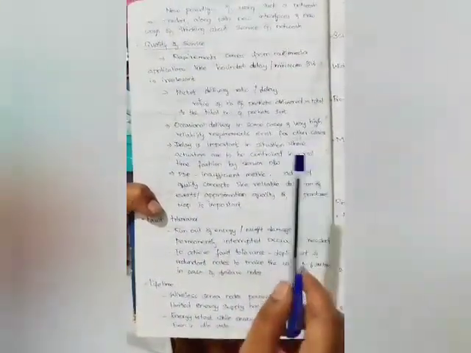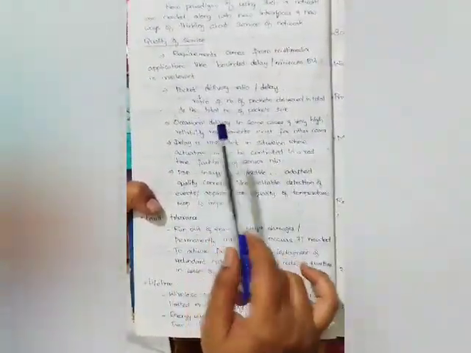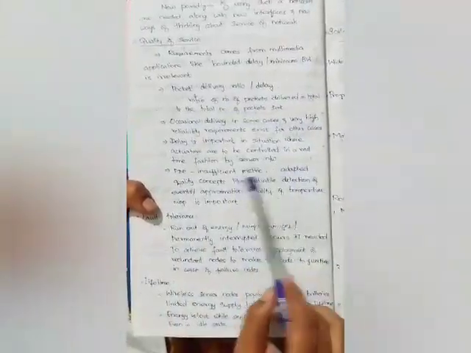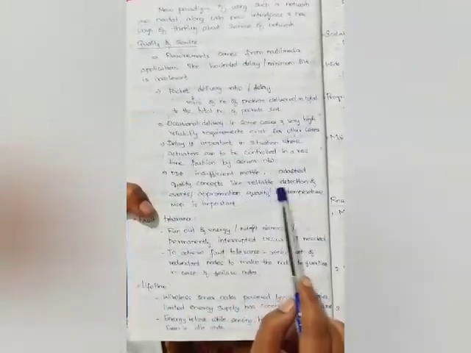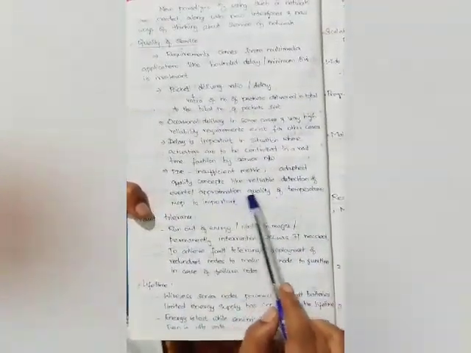But in some cases, we need only occasional delivery and in some other cases, very high reliability is required. In such cases, this packet delivery ratio is an insufficient metric. So, we adopt some other quality concepts like reliable detection of events and approximation quality of temperature mapping.